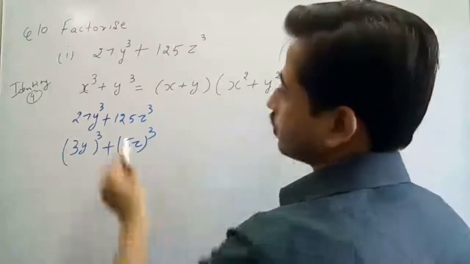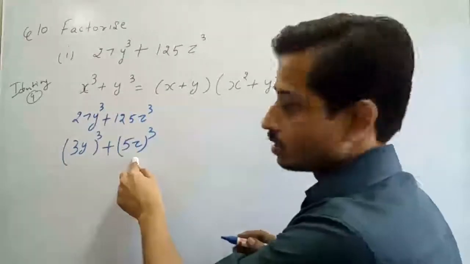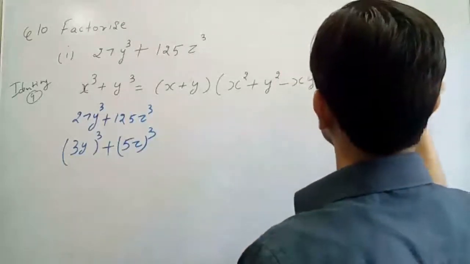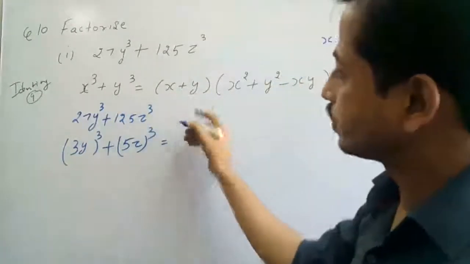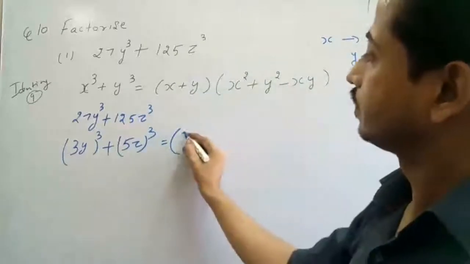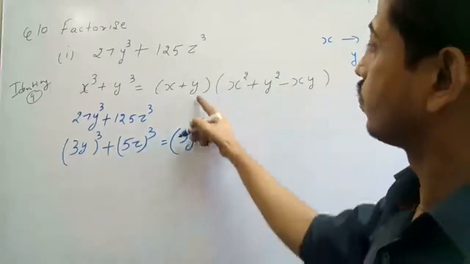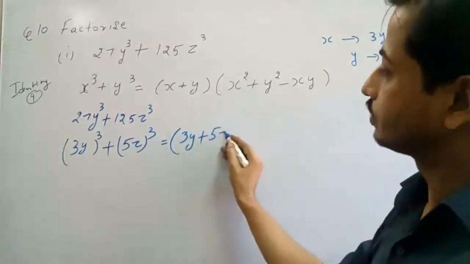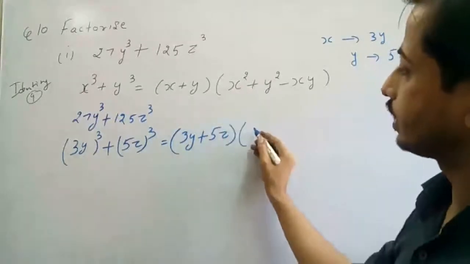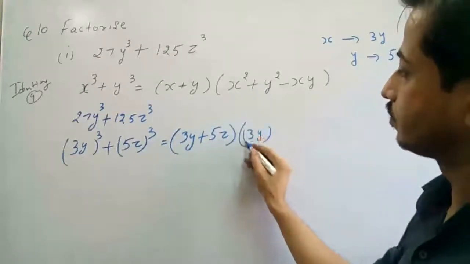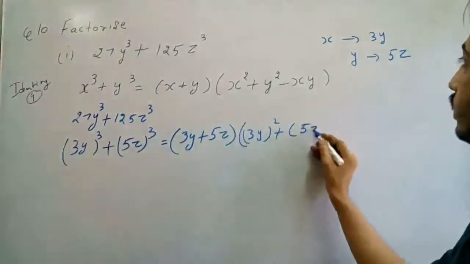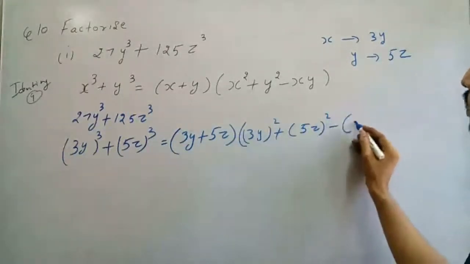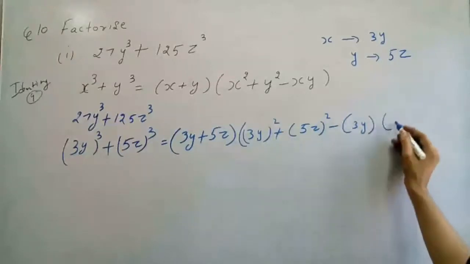Second term is y, and here y is 5z. Now what is the answer? x plus y, x is 3y plus y is 5z. Now x square, x is 3y, plus y is 5z, minus x 3y and y is 5z.